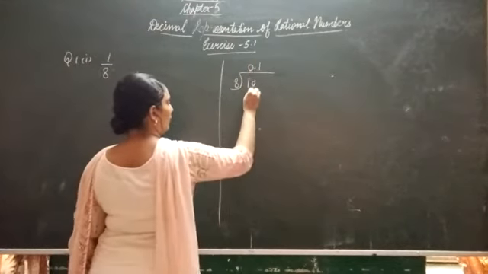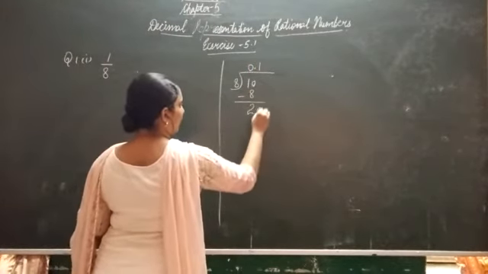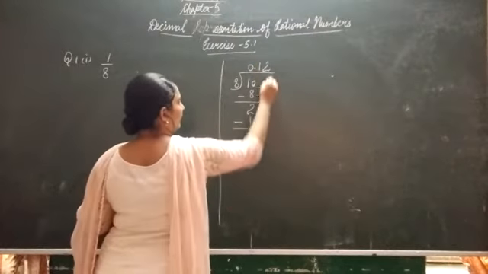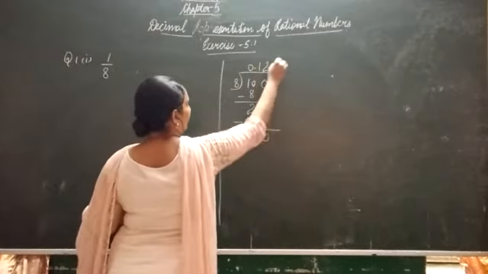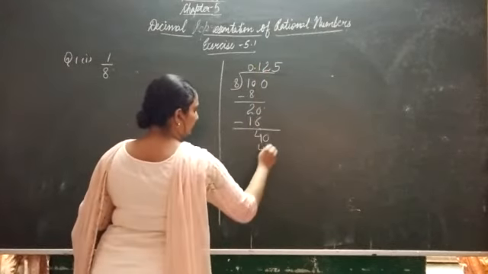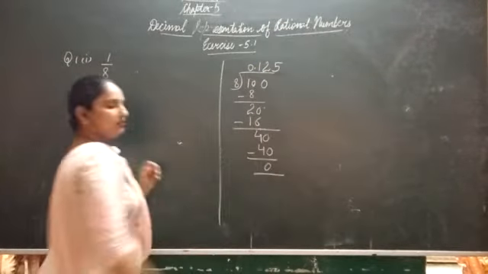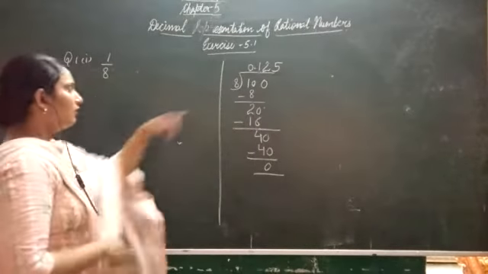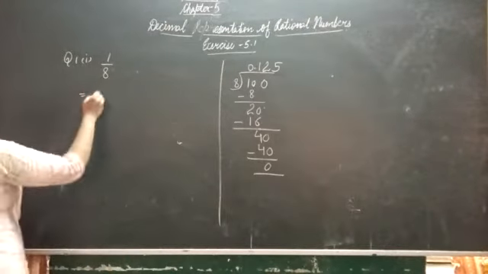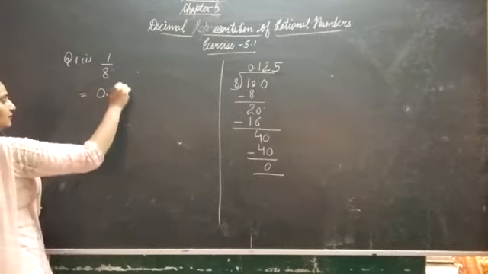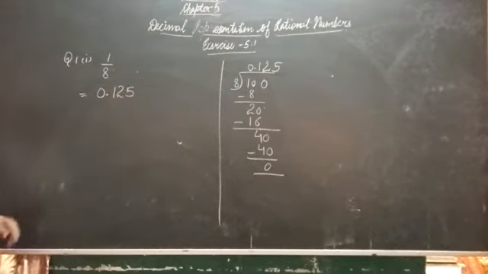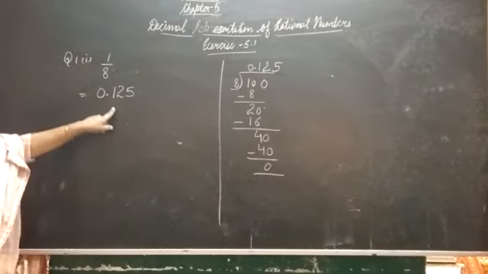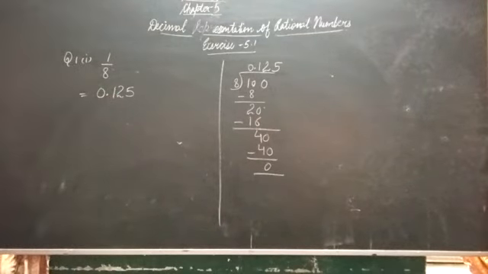It will go on 1, 2, again we will take a 0, then 2, 16, 4, again a 0, then 3, 5, the 4. So that means the division is finite and 1/8 can be represented as 0.125. This is how we can convert the given fractions into decimals.